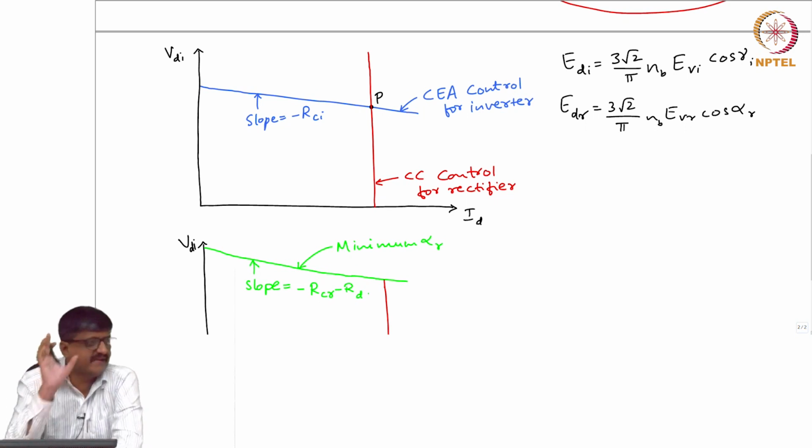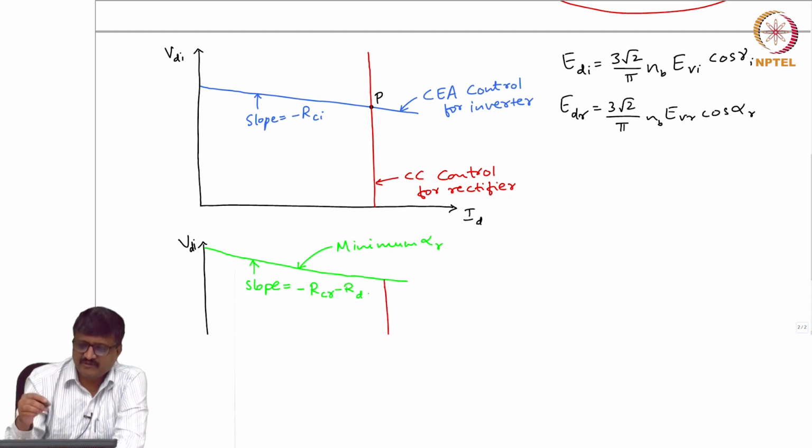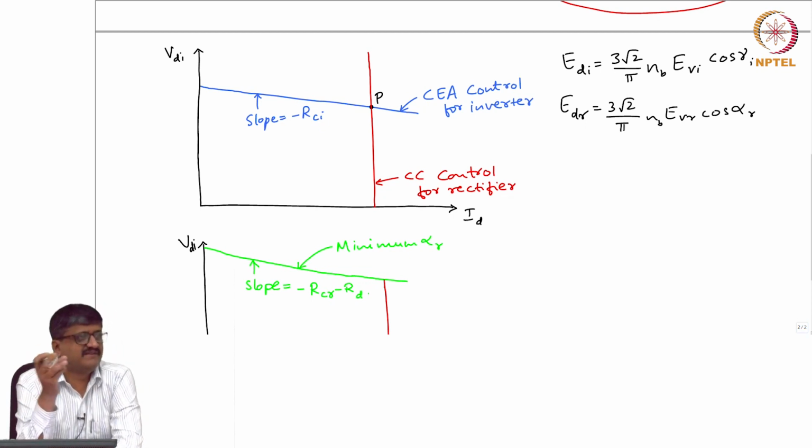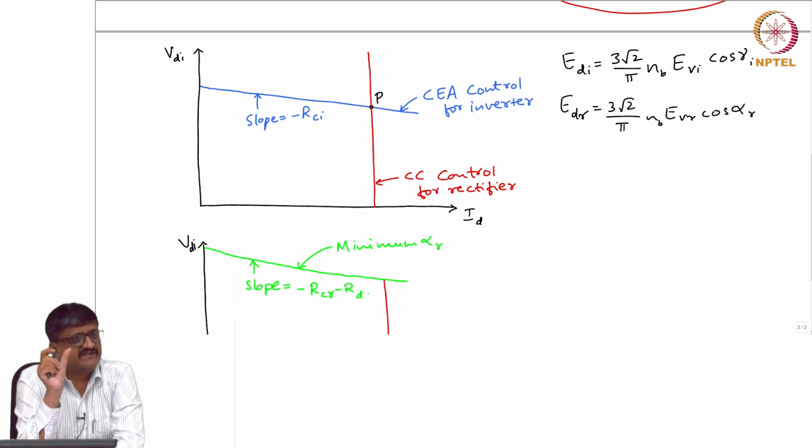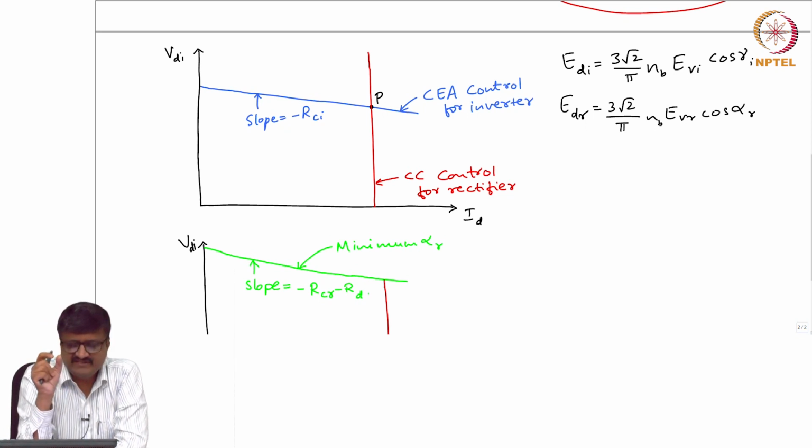If I just look at the magnitude of the slope, which one is larger? Now, please note RCR and RCI are almost same. The only difference is because of taps, that is all. Because of taps, the leakage reactance depends on the tap position. So, that is a very small variation. So, due to tap changer, we have different values of RCR and RCI, but they are close.